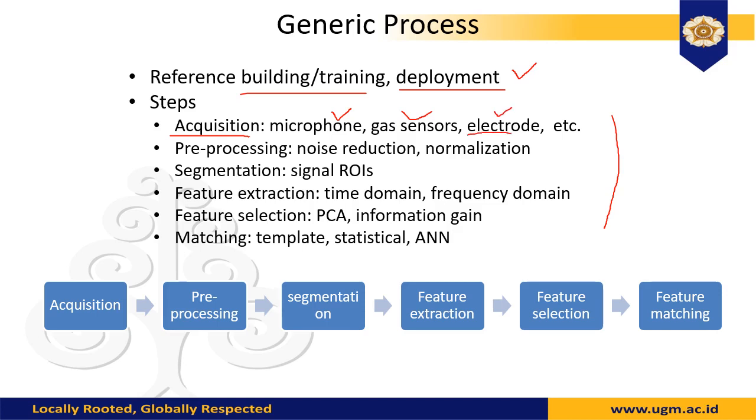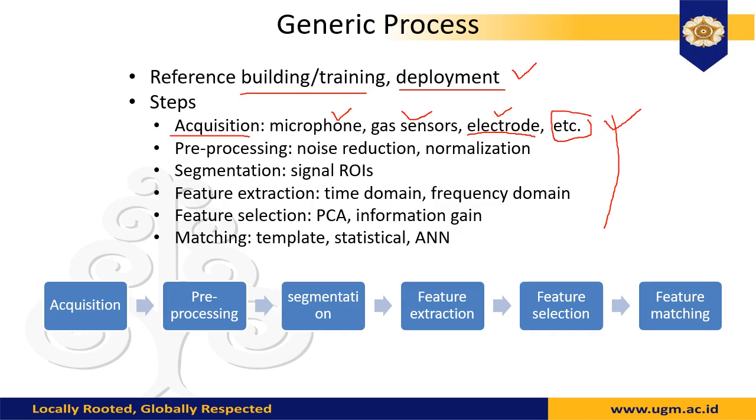The electrode is used, for example, in ECG analysis applications to determine whether our heart functions normally or there is an anomaly. The same goes for our EEG signal, the electroencephalogram signal. Now, there could be other sensors, the ones that we know, for example, for measuring the amplitude of signals from our Earth, which is used a lot by our friends in geophysics.